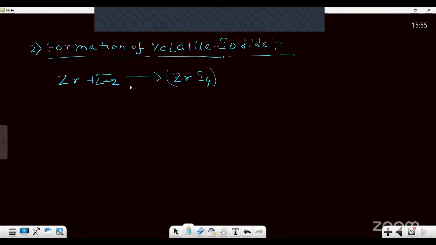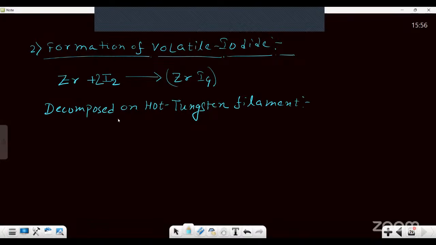Now this zirconium iodide is decomposed on hot tungsten filament. So a very high temperature has to be given. That is the logic of using hot tungsten filament.